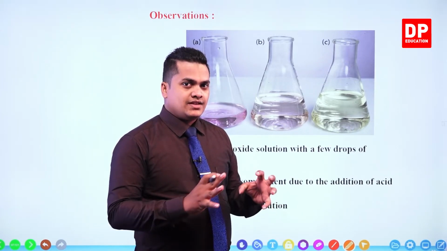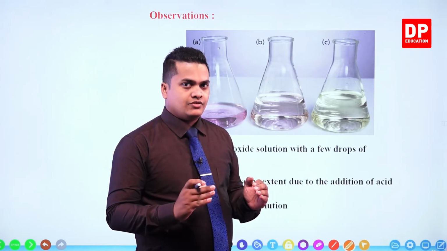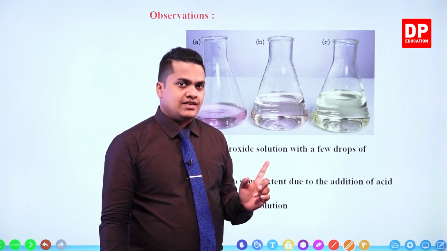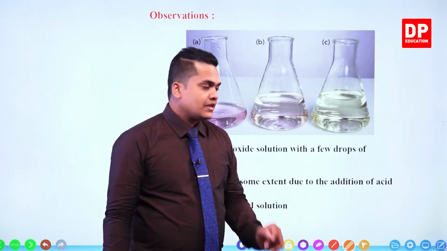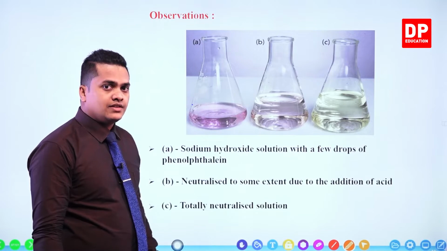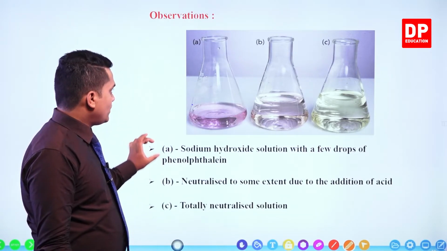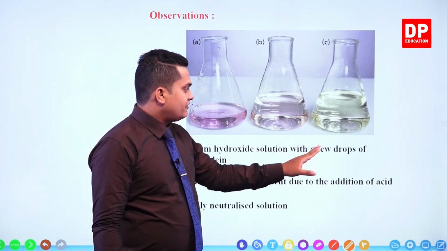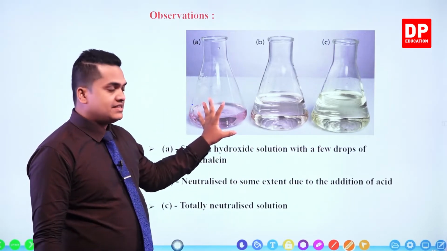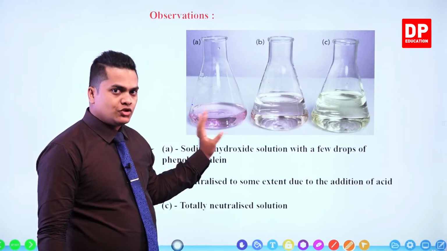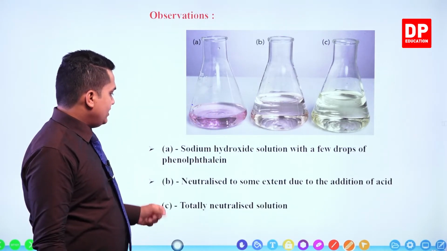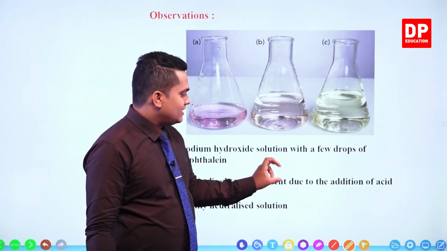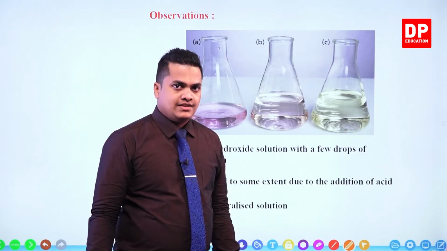So these are the three states of the solution. When I was doing the experiment, you could see it too. So my dear children, let's see what these states are. In A, sodium hydroxide solution with a few drops of phenolphthalein. This is the initial solution which we took. In B, neutralized to some extent due to the addition of an acid.